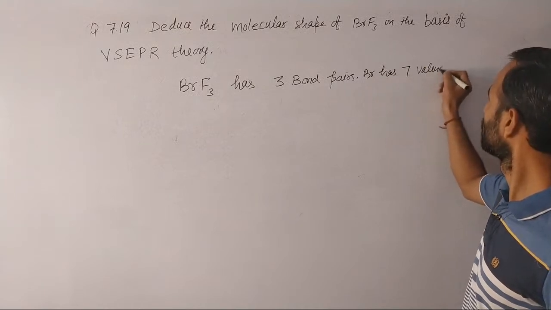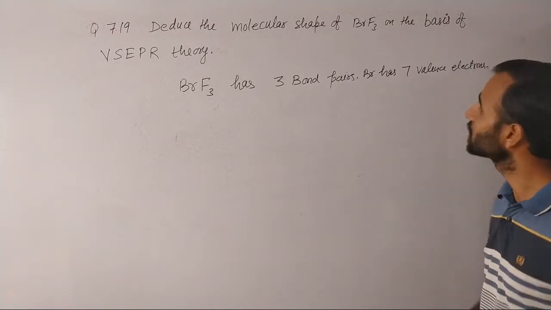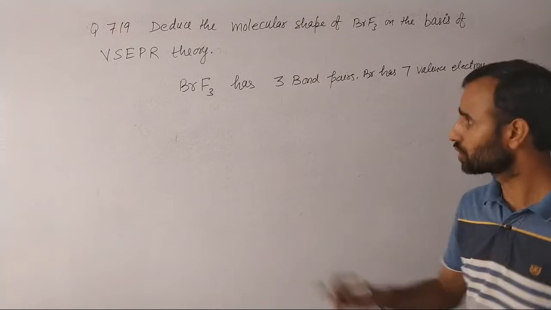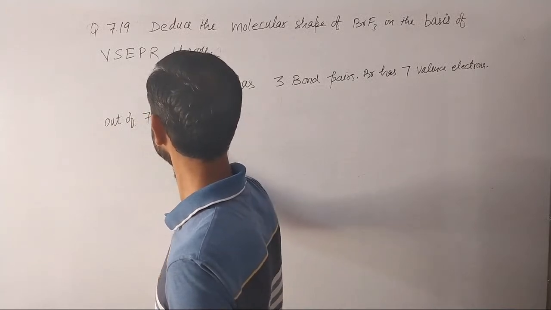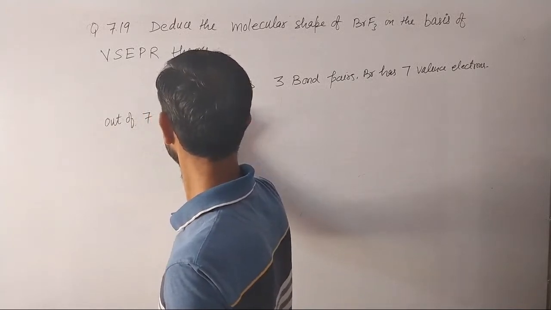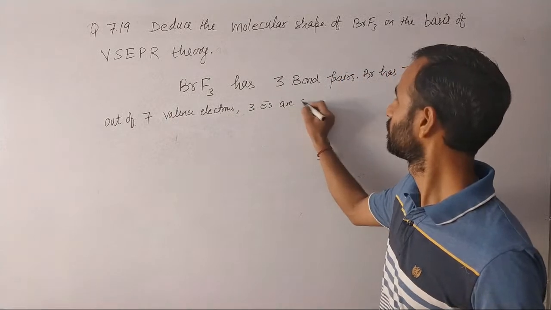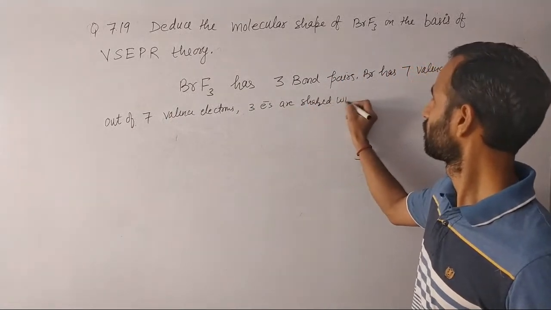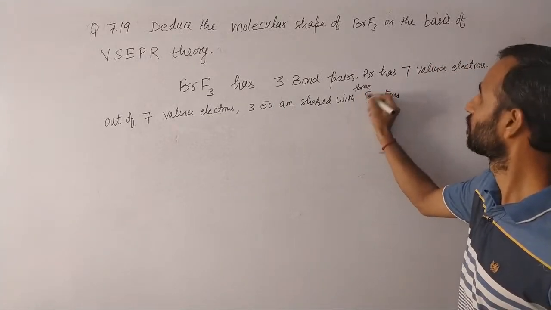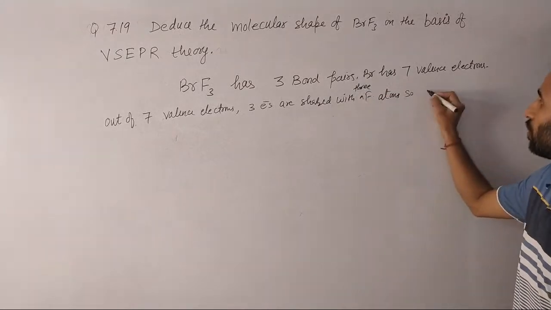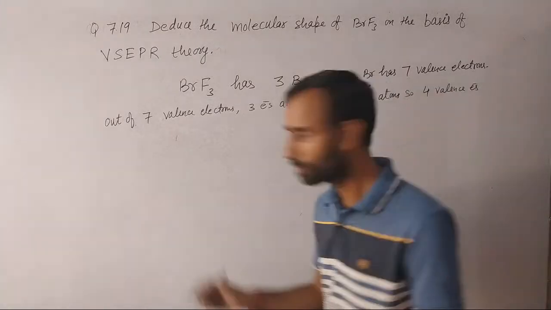Out of 7 valence electrons, 3 electrons are shared with 3 fluorine atoms. So 4 valence electrons are left unshared.